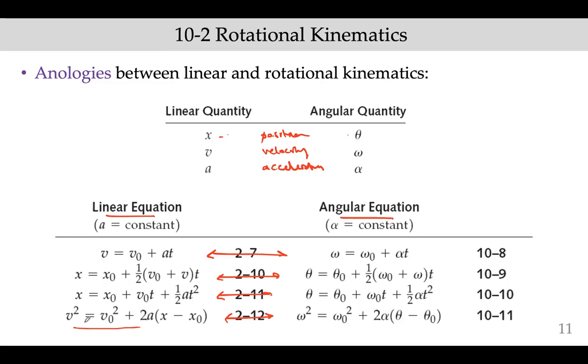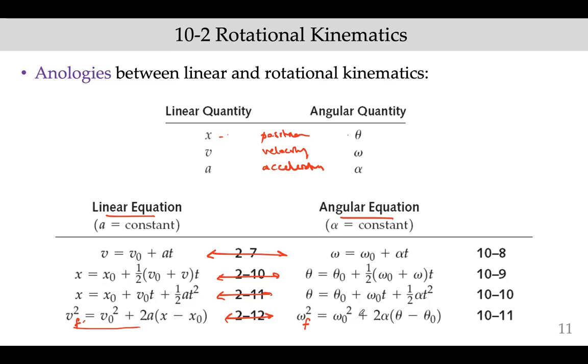So even this one: final velocity squared equals initial velocity squared plus 2 acceleration times delta x. And we have the same thing here. This time, final angular speed squared equals initial angular speed squared plus 2 angular acceleration times the difference between angular positions.